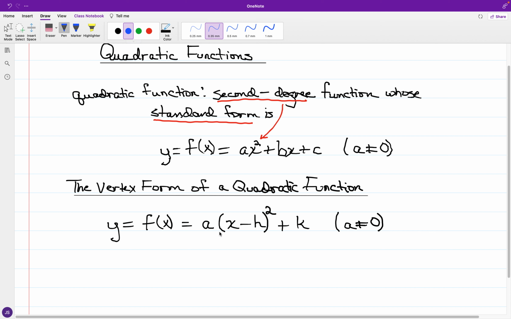For the behavior of the graph of a quadratic function, first of all, for the leading coefficient a, say the sign value is positive, that is where a is greater than 0, then the graph is going to open up from a point.